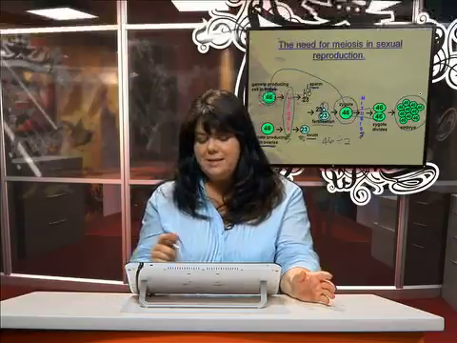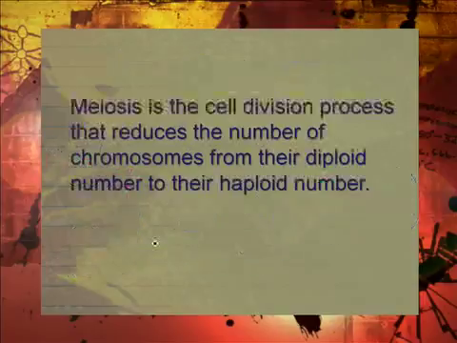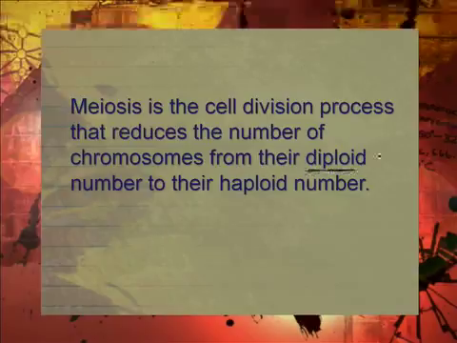So we can see that this process of meiosis happens in the testes and in the ovaries in order to reduce the number of chromosomes. But why? Okay, we know that we have a diploid or 2n chromosome number, and we're reducing that to an n chromosome number.